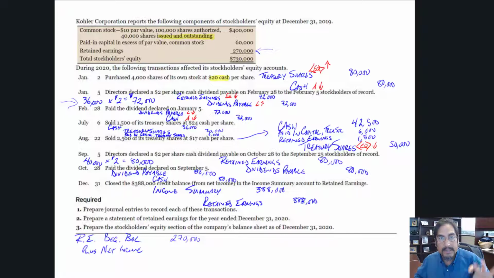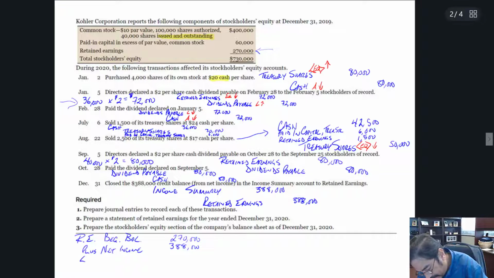Part of the closing process, we move everything that's in a revenue account to income summary, and then we move everything that's in an expense account to income summary. And income summary then has the same balance as our net income. And then we move everything out of income summary over to retained earnings. So net income for this year was $388,000.